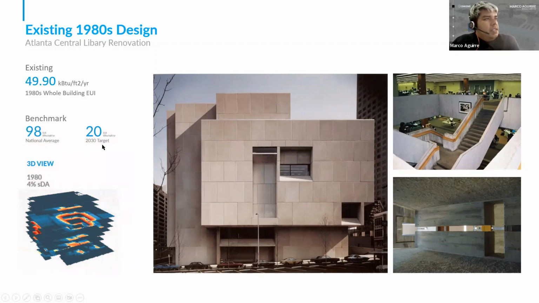But if we really wanted to consider it high performance, we had to get it much closer to the 2030 target, which is 20 EUI. But the daylight sDA for this baseline building was at 4%. So incredibly low, very little daylight actually was in this space. And you can see from some of the photos, some of the facade design, what that looked like.